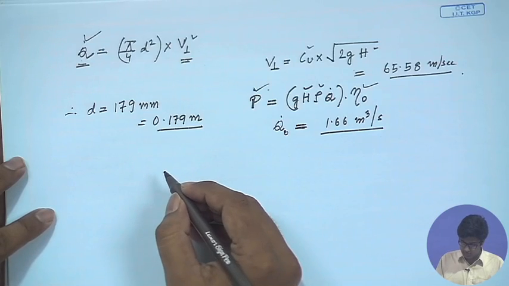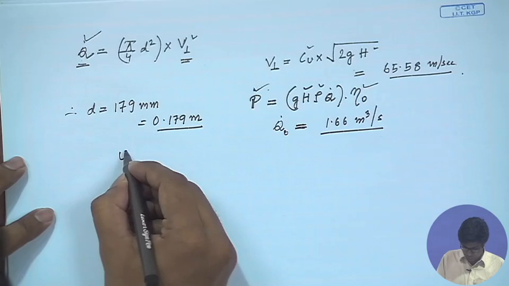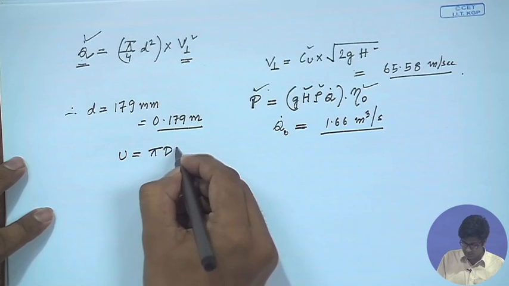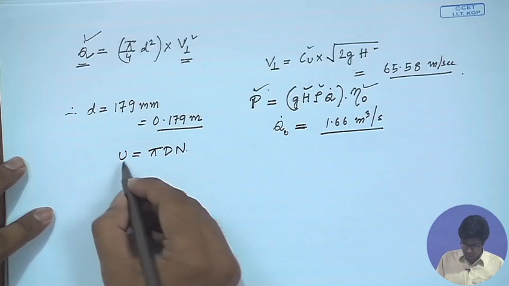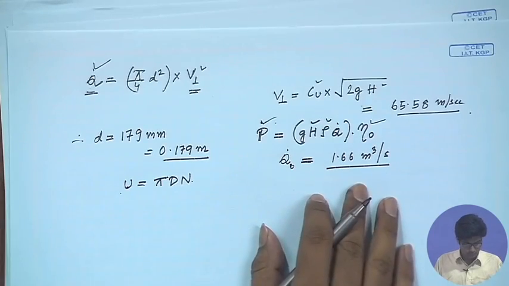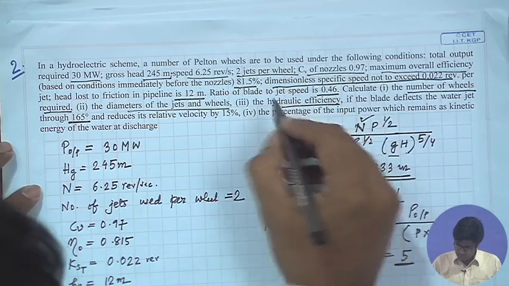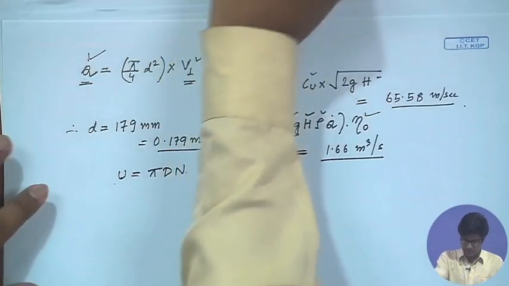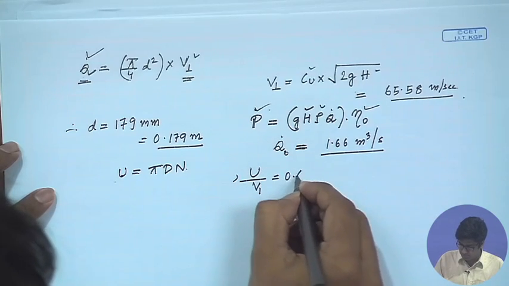Next, we have to find out the diameter or the mean diameter of the runner. So, we know that the peripheral velocity of the blade can be expressed as pi d n, where n is in revolutions per second. So, here we have to find out the peripheral velocity of the blade. Now, in the problem, it was given that the ratio of the blade to jet speed is 0.46, that is u by v 1 was given as 0.46.